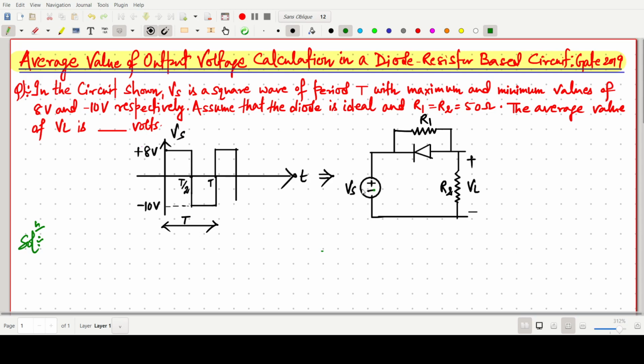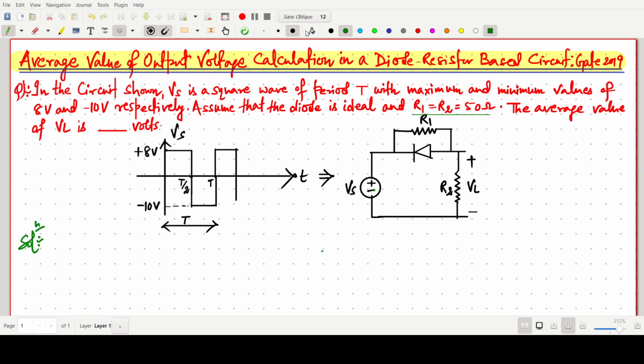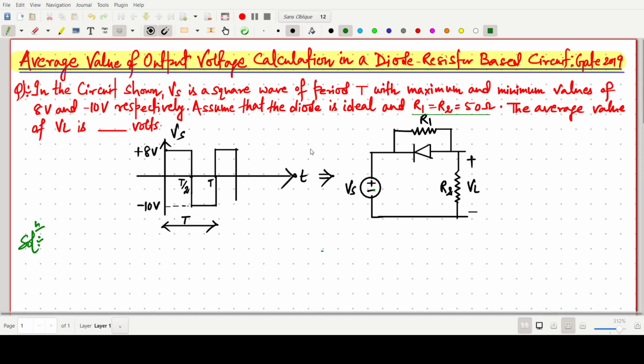We have Vs as an input, one ideal diode, one resistor R1, and another resistor R2. The values of R1 and R2 are given as 50 ohm. Now we have to find the average value of VL.